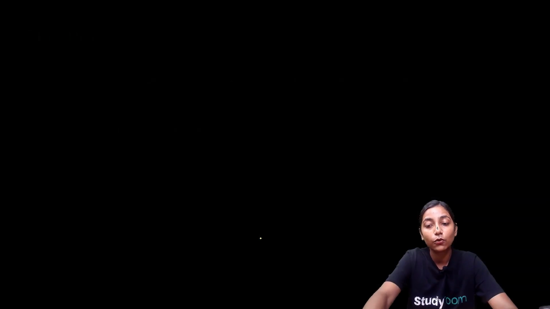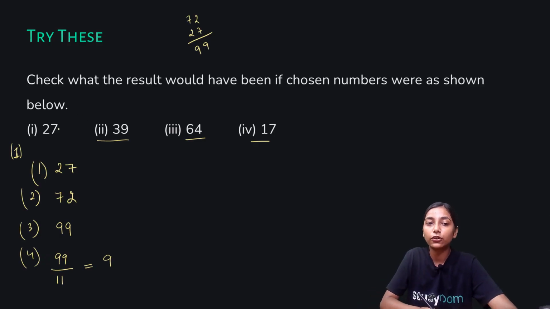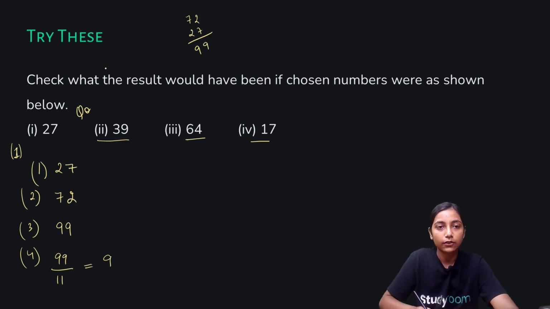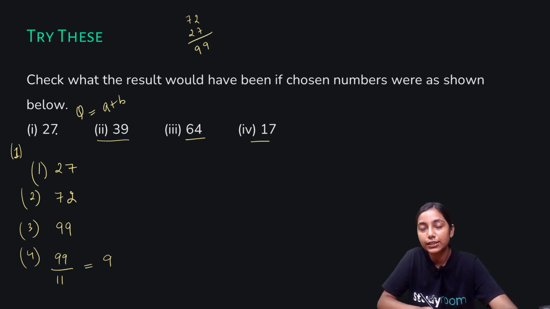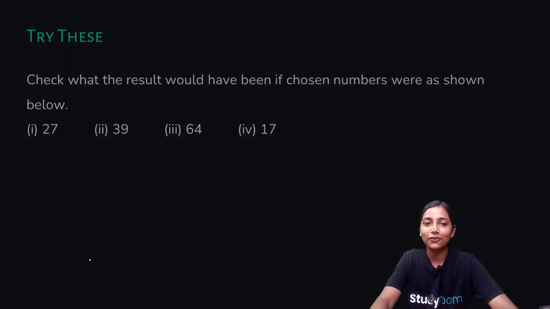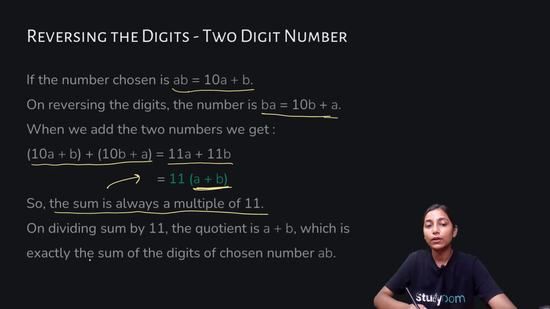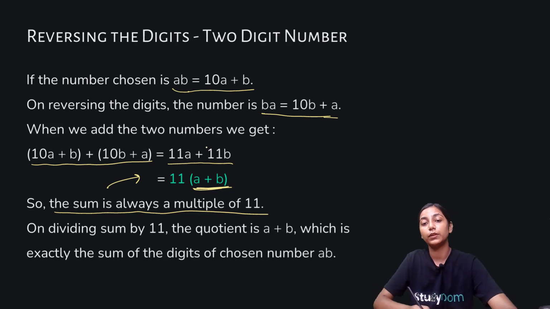One more thing we can conclude, that our quotient Q in such cases will be the sum of those digits, A plus B. Here you can check, 2 plus 7, yes, 9 was our quotient. So we have concluded these two things, that the sum will be a multiple of 11 and our quotient will be the sum of these two digits A plus B.